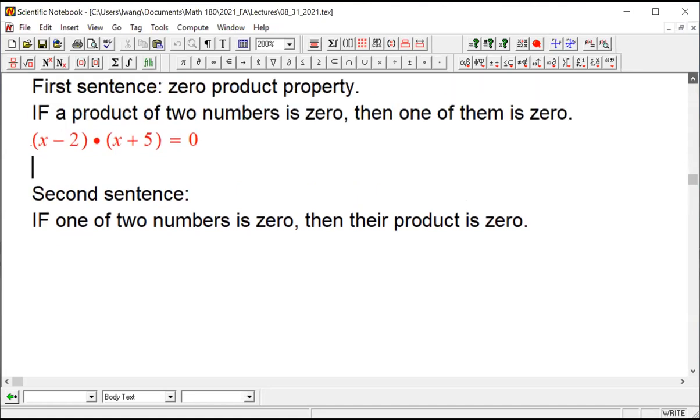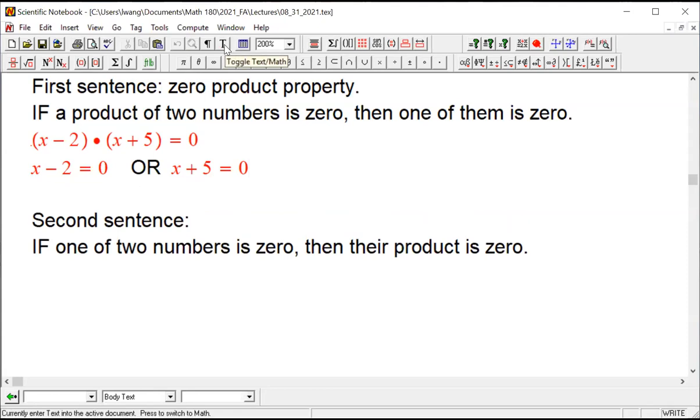This is an if statement, right? If the product of two numbers is 0, then one of them is 0. So our next step is doing what? You guys know the next step, don't you? x minus 2 is 0, or x plus 5 is 0, right? We have learned this. We use the zero product property.